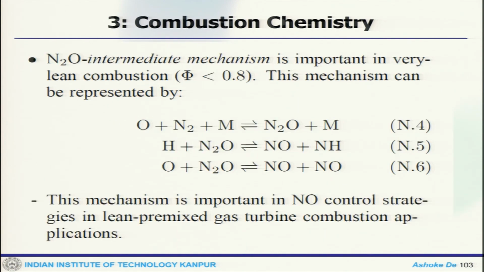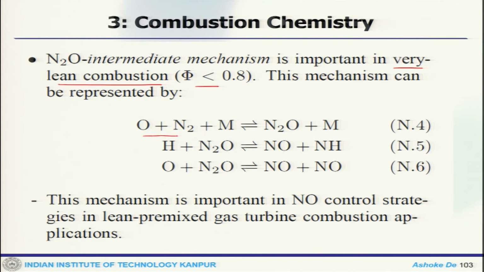Now, we have talked about thermal NO formation. Next, the N2O intermediate mechanism is also important in very lean combustion. So, when you talk about very lean combustion, that means equivalence ratio less than 1. How do you define this N2O intermediate mechanism?